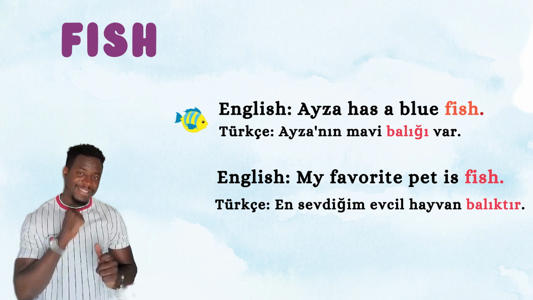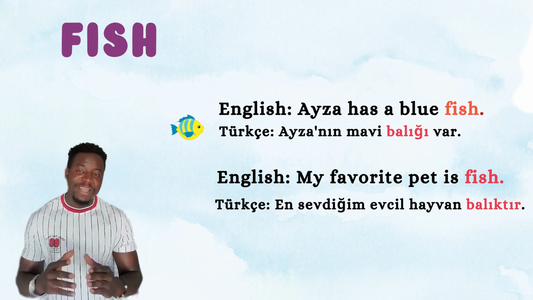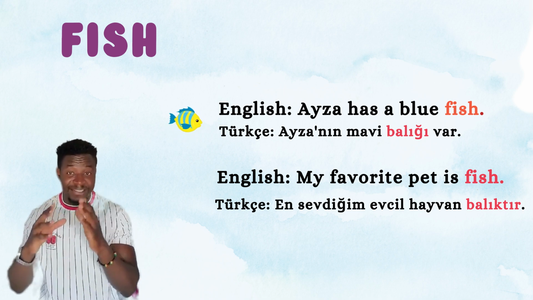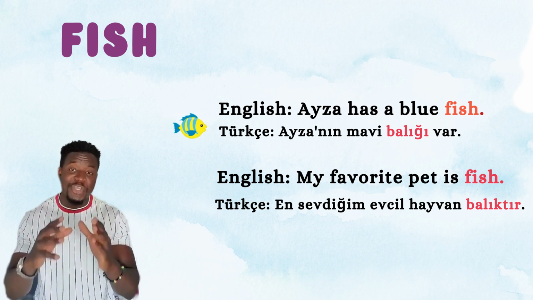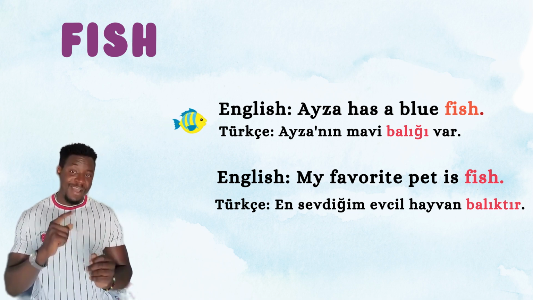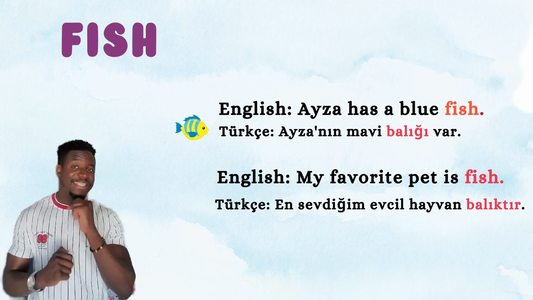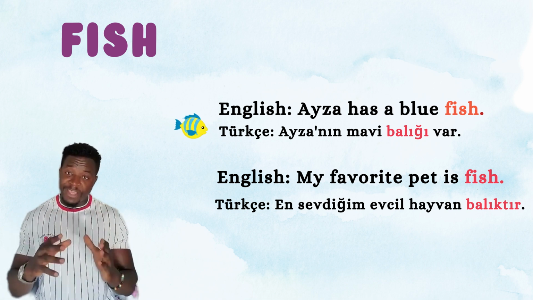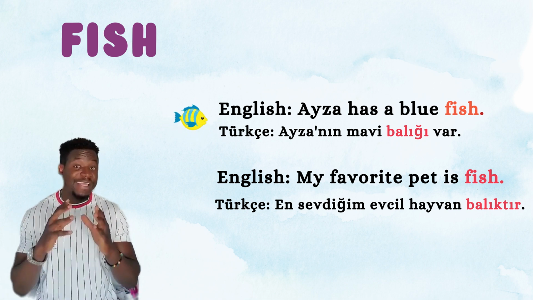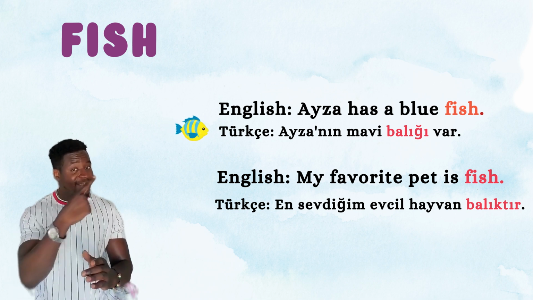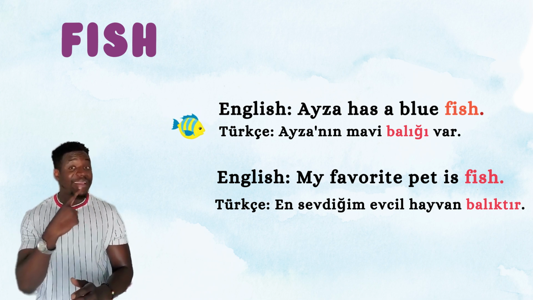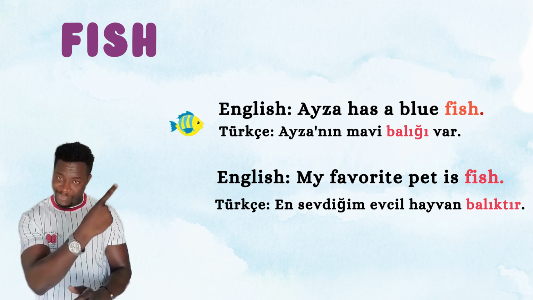Good. That's nice. Now let's try to make a sentence in the Turkish language. Are you ready? Let's go. In the Turkish language, a sentence could be, can you see this one here? Yes, that's right.